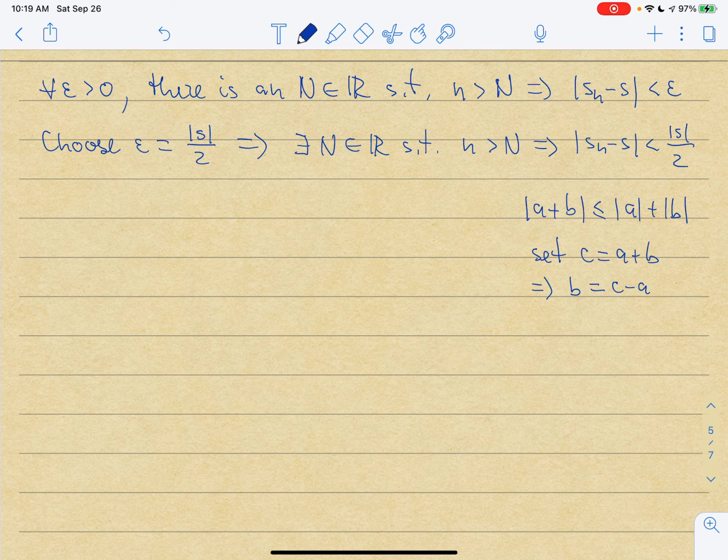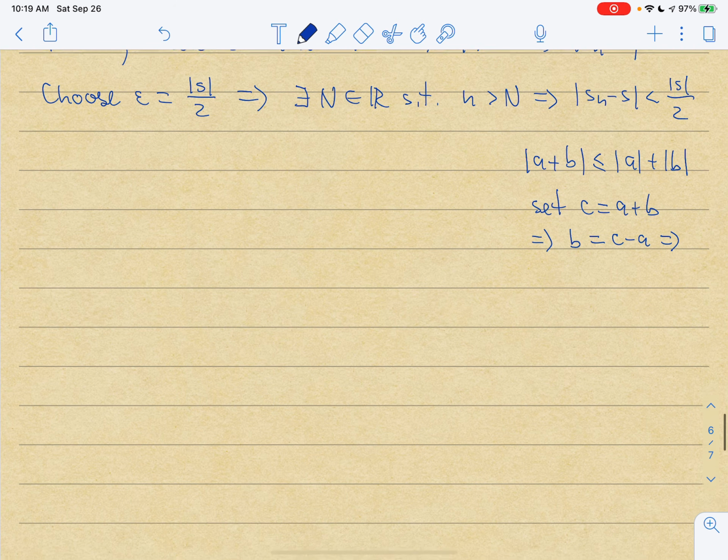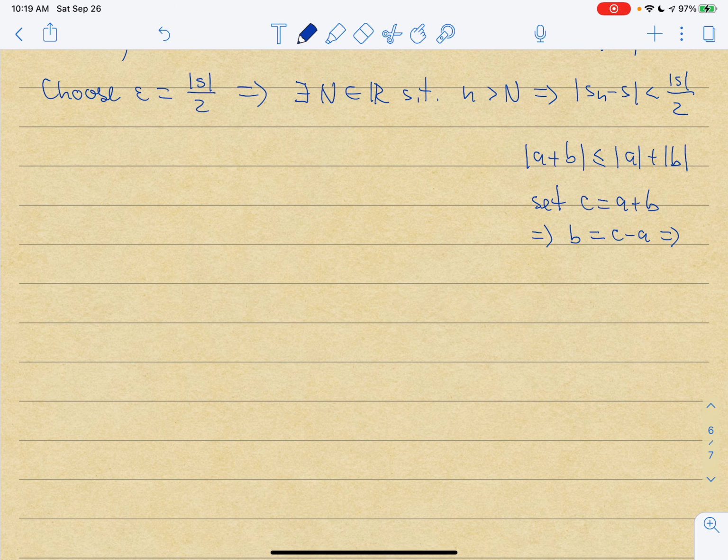So then my triangle inequality can be rewritten in the following form: a plus b, which is c, absolute value, is less or equal than absolute value of a plus absolute value of c minus a.